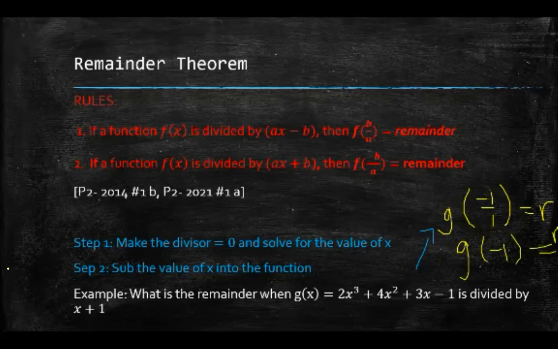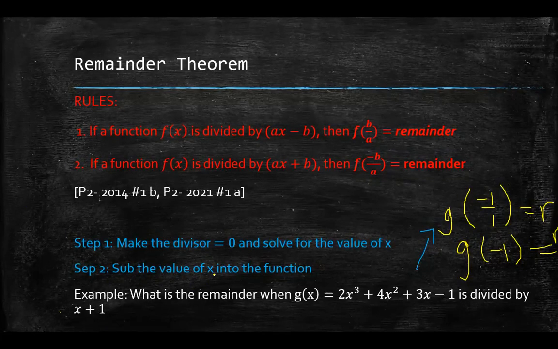But how exactly do we find the remainder? Well, that's for the second step. That value of x that you got, you're going to sub it into the function. What do I mean by sub it into the function? Well, you see that value of x that you got in the first step? So we got x is minus 1. What you're going to do is put that value of x into the polynomial expression.